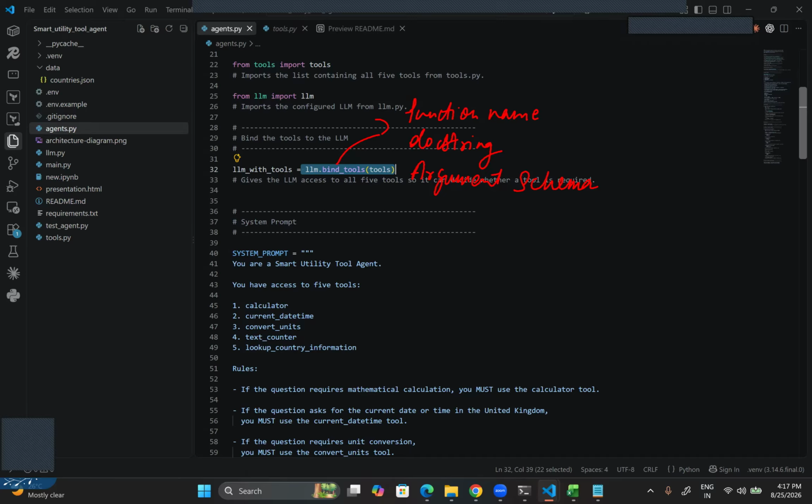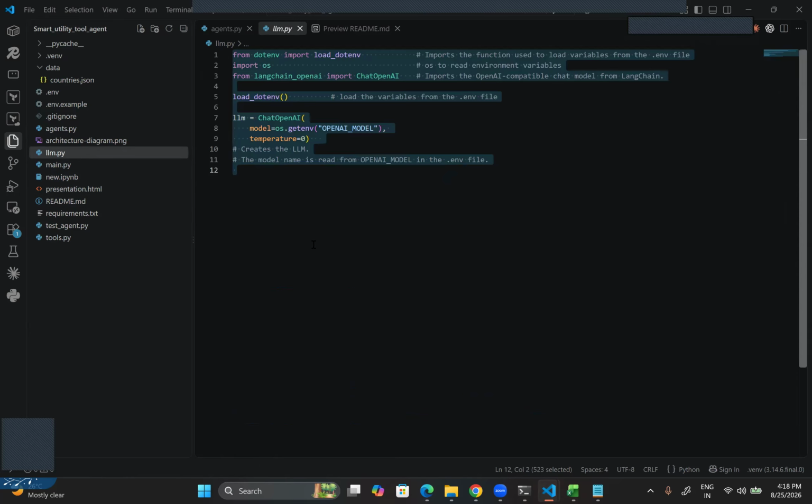What we are discussing here is how the LLM selects the tool. I'm explaining how our model selects the tool. Now let's go to llm.py.